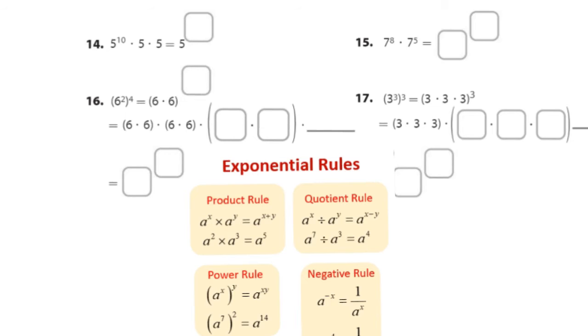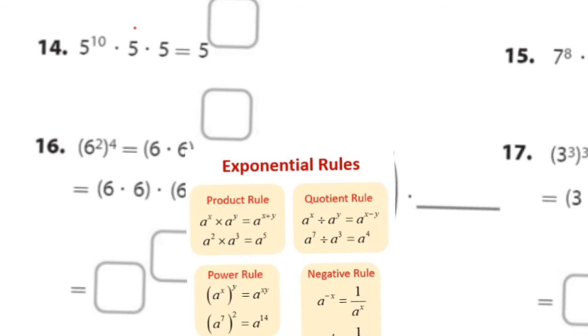Okay, so let's come back with some answers here. And so this one is 5 to the 10th power times 5. And see, you don't have any little exponent up there, so we automatically know that that's a little 1. Maybe I should make this bigger again. So automatically know there's a little 1 there, and this 5 doesn't have an exponent that I can see, so it's automatically a 1.